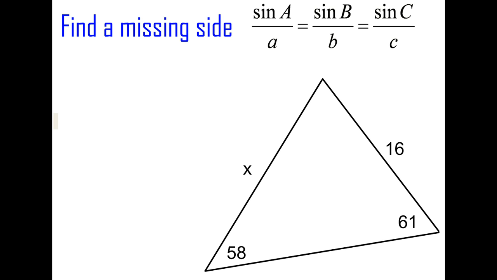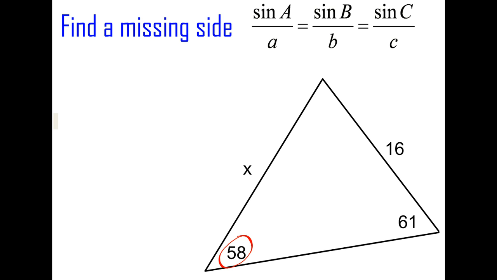Let's say here we are trying to solve for this missing side x, and we cannot use SOHCAHTOA because it's not a right triangle. So we have to do something different, and we're going to use the law of sines here to solve for x. I'm given this angle 58 here.